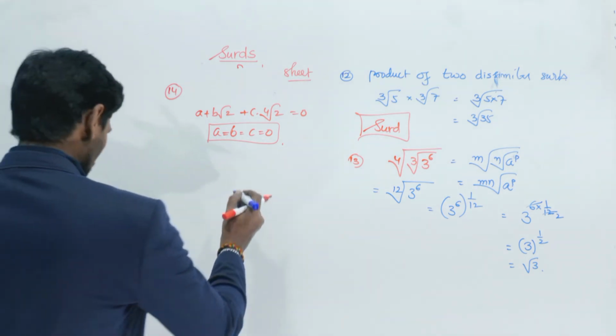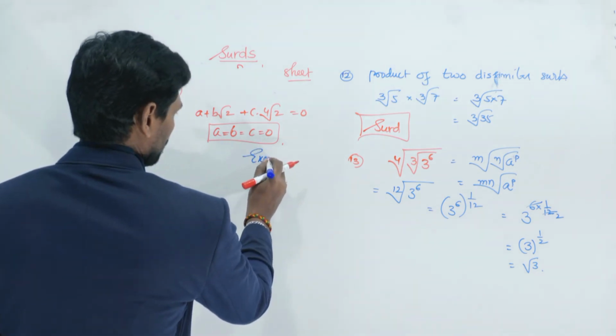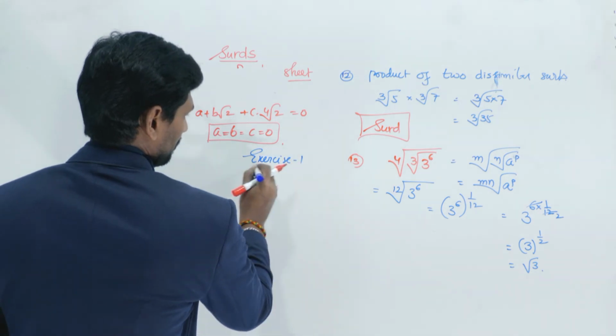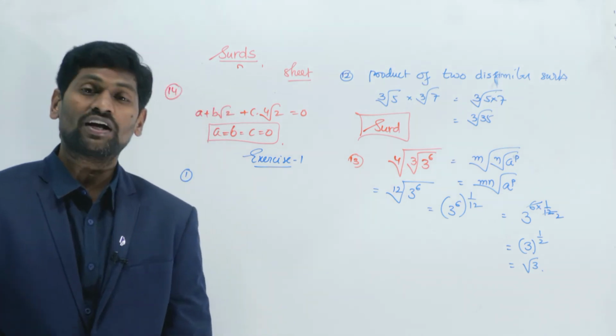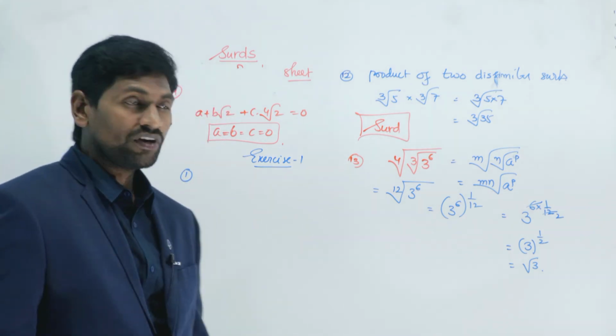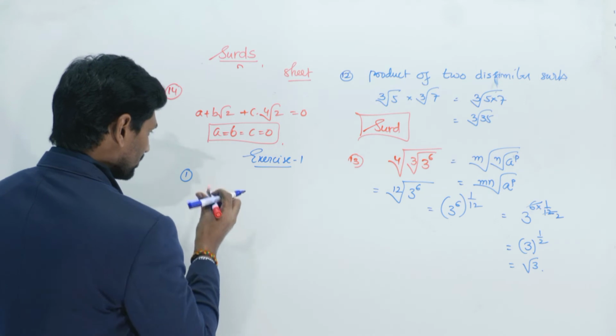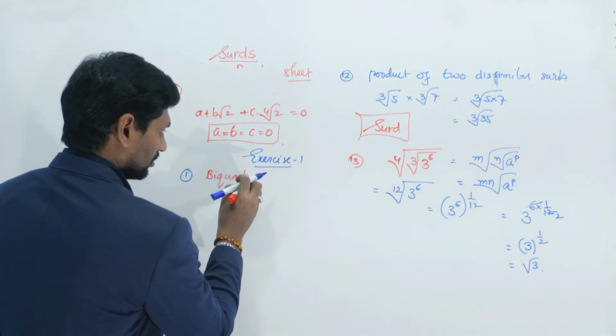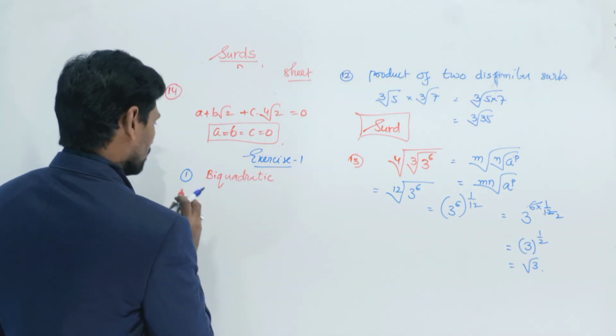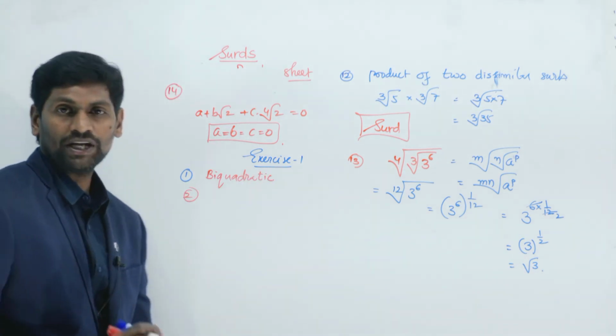Next, exercise 1. Observe the first question. A surd of order 4 is called a biquadratic surd.